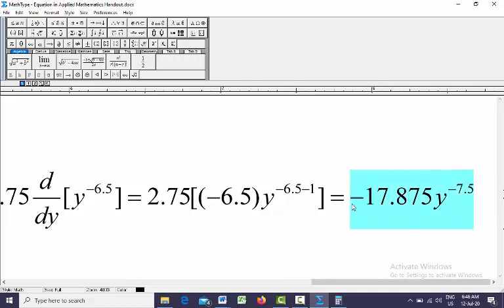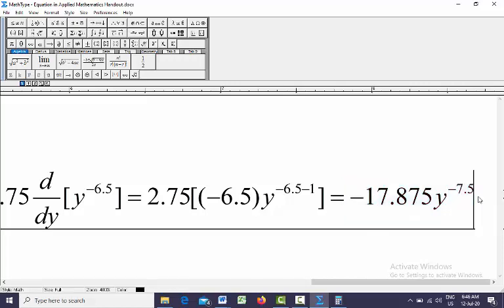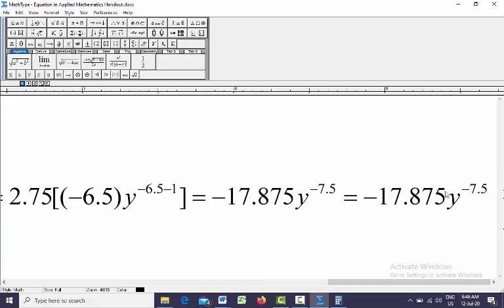So what do we do? To remove the negative power, to remove the minus from the power, what do you have to do?